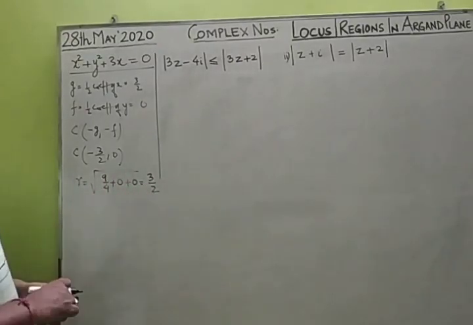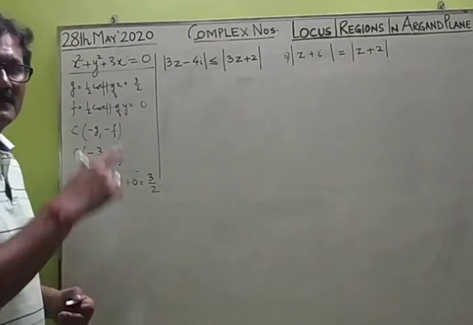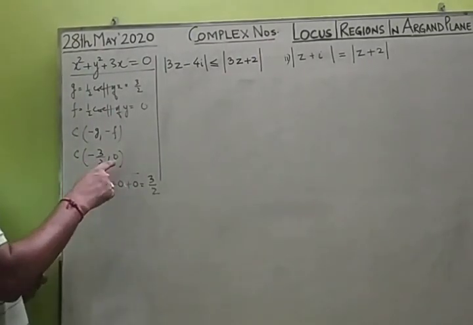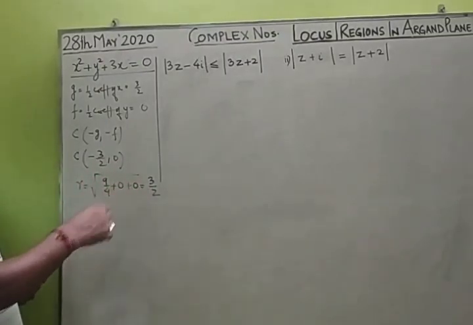So this equation represents a circle with center as minus 3 by 2 comma 0 and radius as 3 by 2.